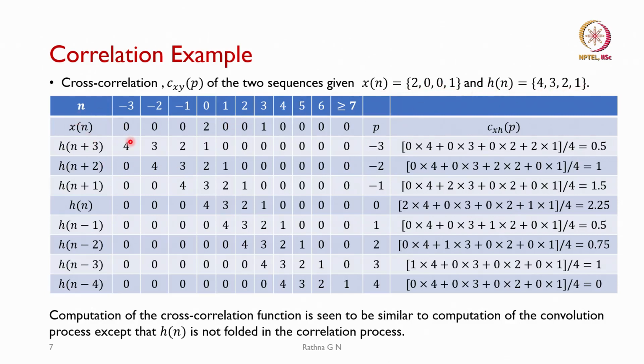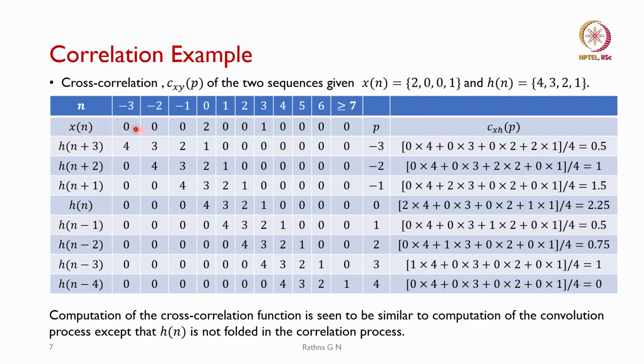Now we will compute our cross correlation by writing the table. n will be varying between -3, -2, -1, then 0, 1, 2, 3, and n greater than or equal to 7 is going to be 0, because like linear convolution, we call it linear correlation. Here the length is going to be L plus M minus 1. So, that is what we needed, even on the negative side.